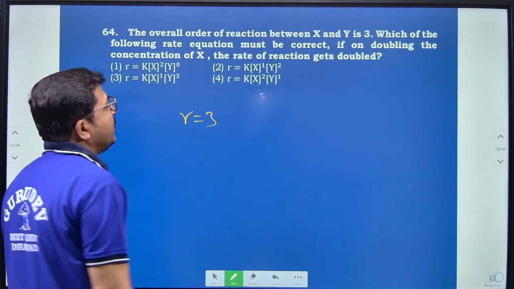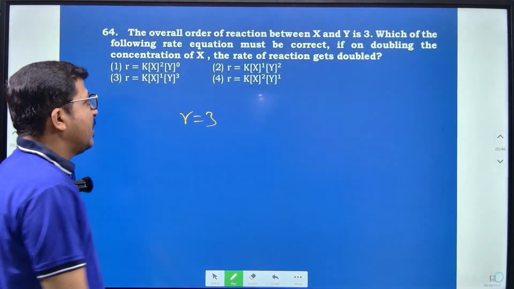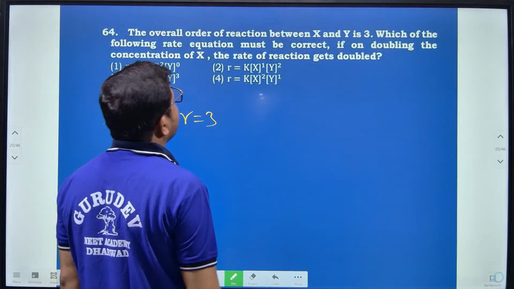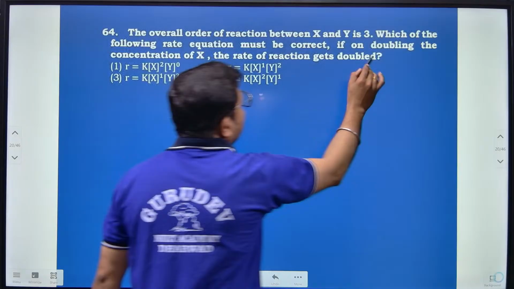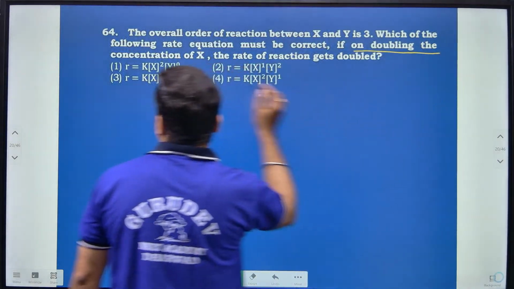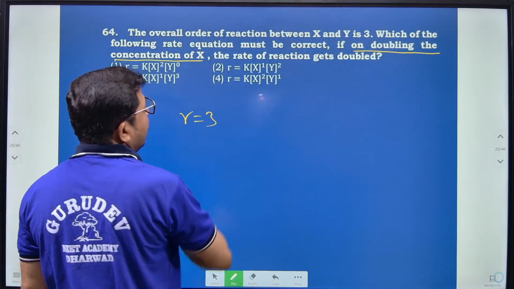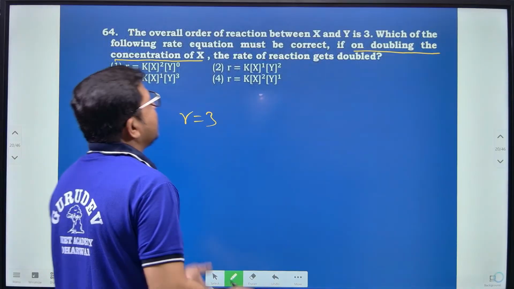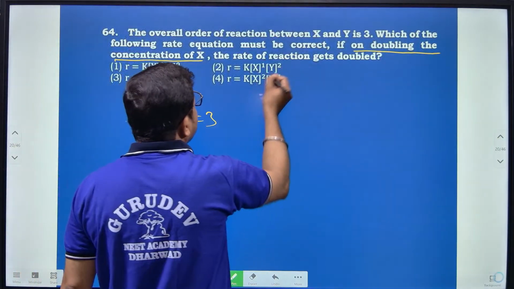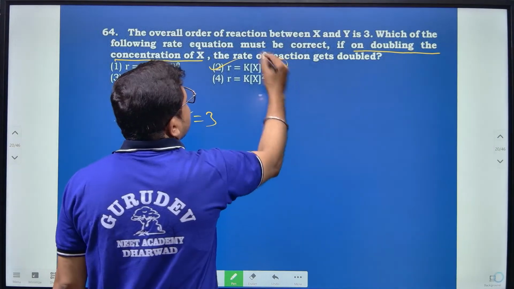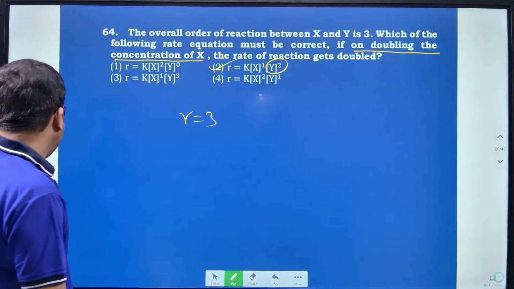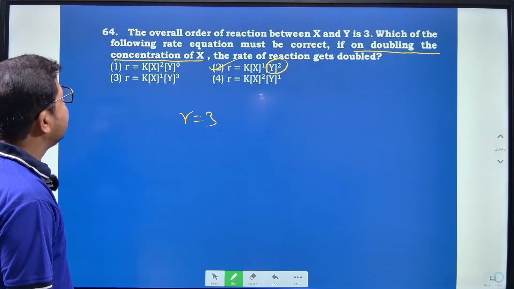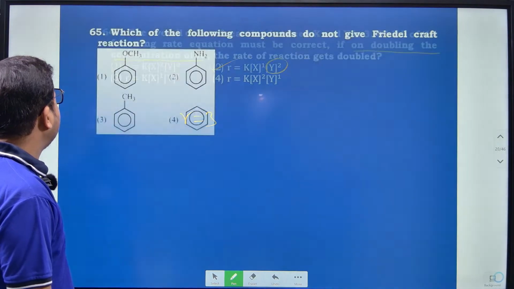Here option 2 and 4 are given, but they have told that on doubling the concentration of X, the rate doubles. So if you double the concentration of X, then there will be a doubling of the rate. Therefore, 64, the right option is option number 2.